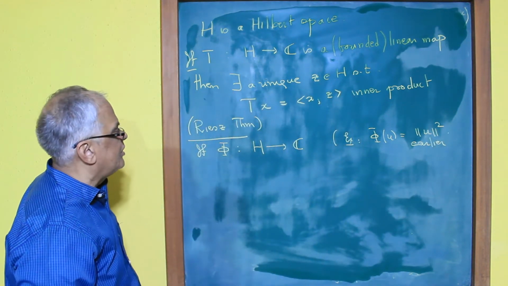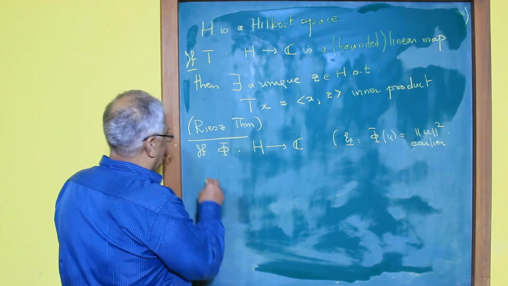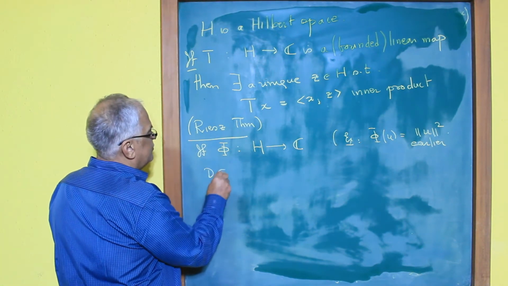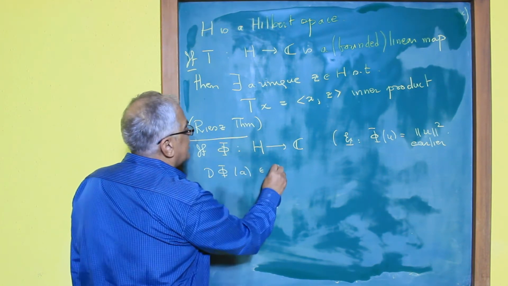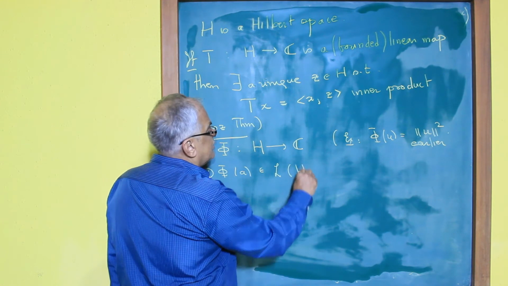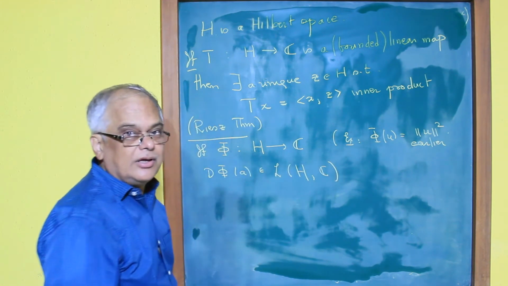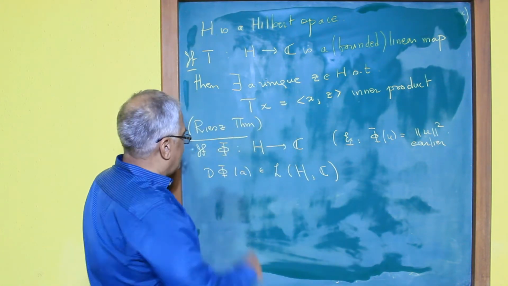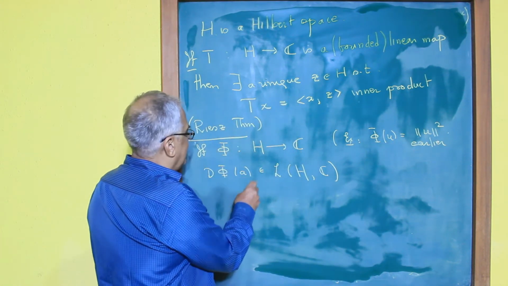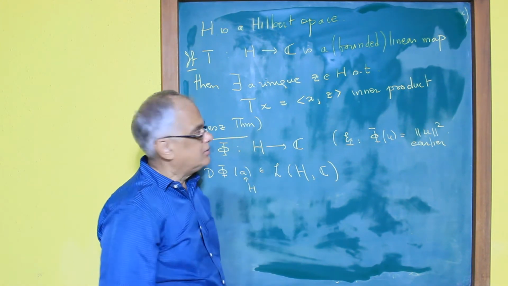So if phi is differentiable at A, then the derivative of phi at A is a linear map from H to C. Remember, phi need not be a linear map. This is not a linear map of u. But the derivative of phi at a point A in H is a linear map from here to here.